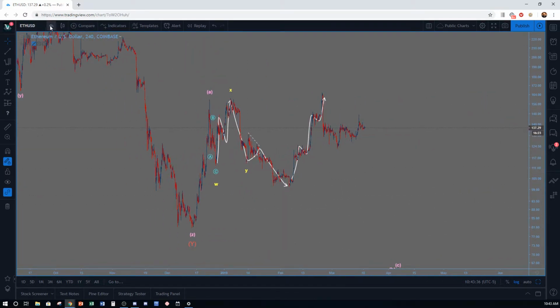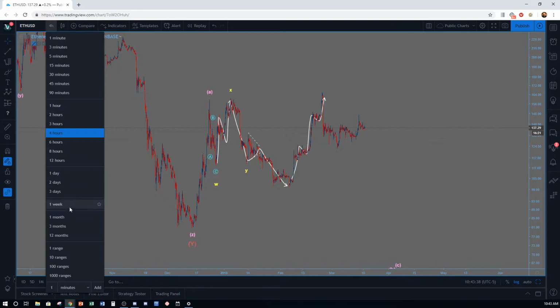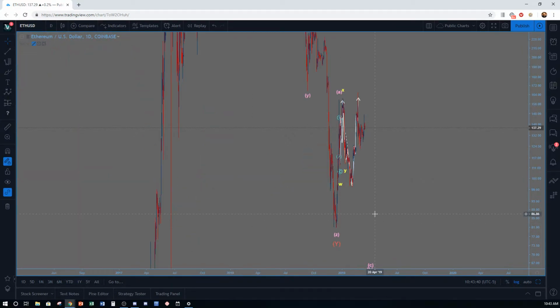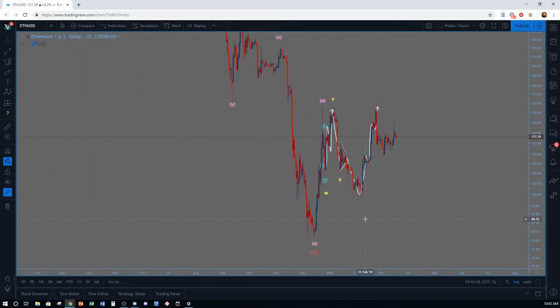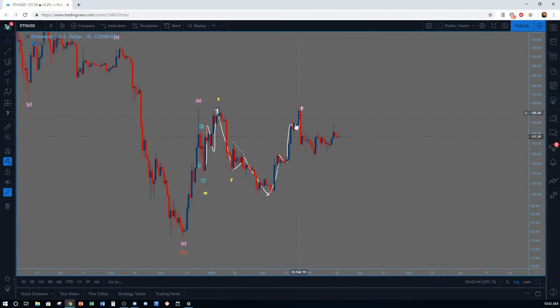I'm big on the right look, especially if you go to like a daily time frame. This has the right look for me. 2 does not retrace as deep as I typically want it to. However, it's very clear that we have some kind of 1, 2, 3, 4, 5 form right in here.